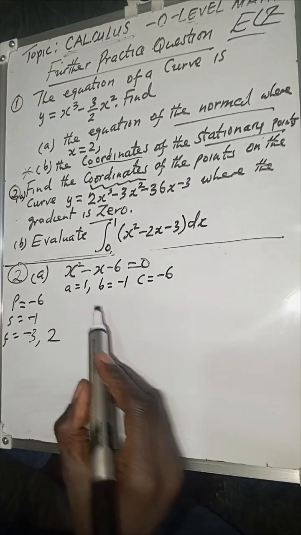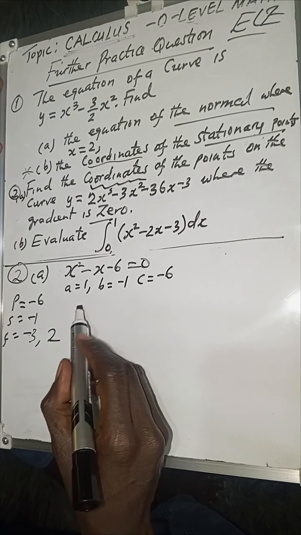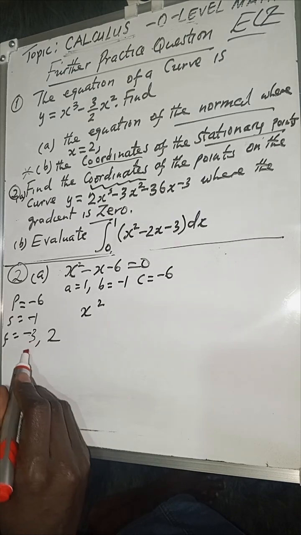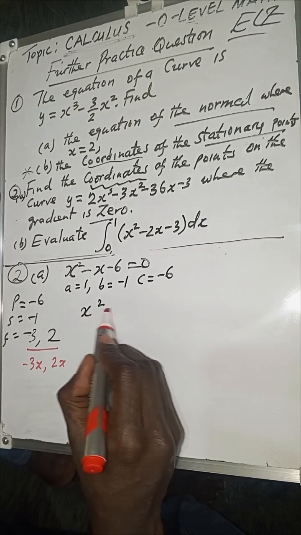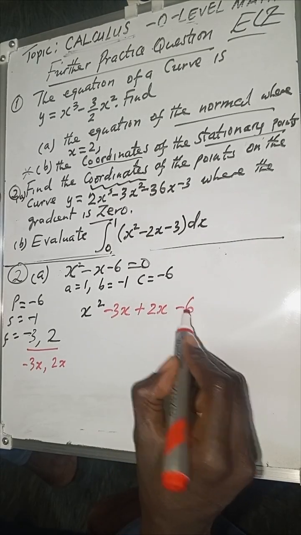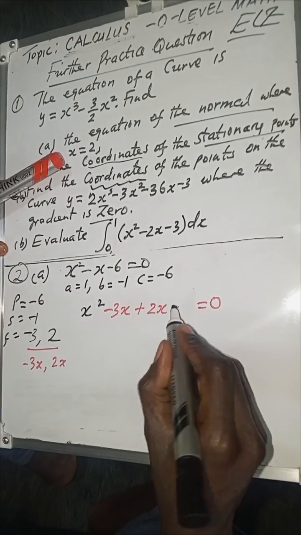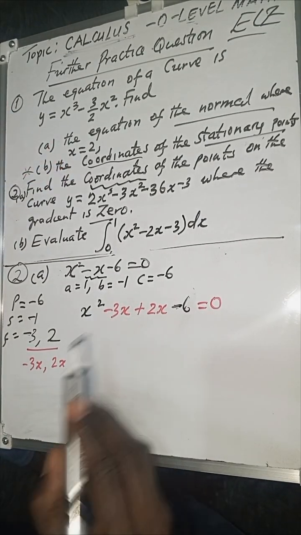Therefore, when you replace there, we replace these and write them in terms of x. Remember, -3x, and that will be 2x. So that will be x^2 - 3x + 2x - 6 = 0. So we have retained that -6. So we have only replaced the middle term there.